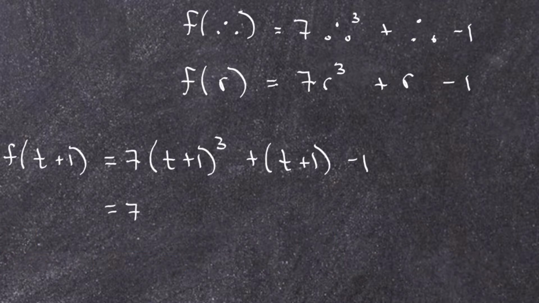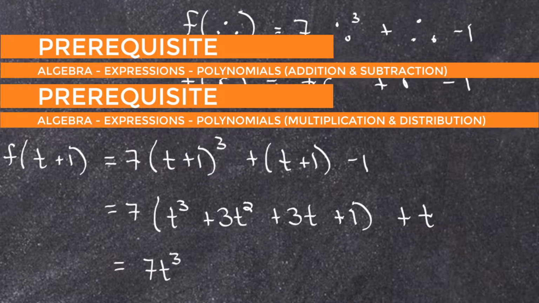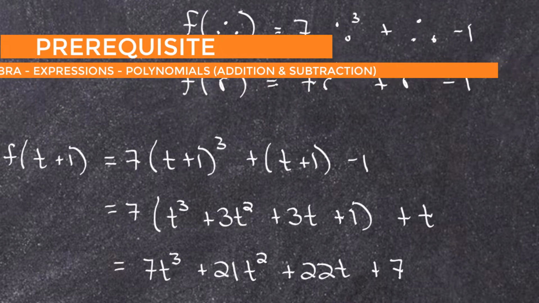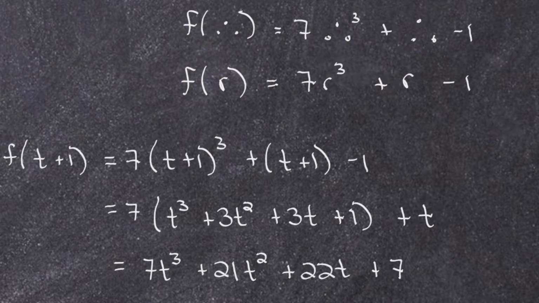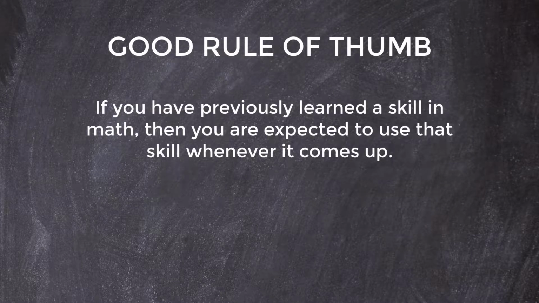Of course, it's completely expected that you simplify this statement using your prerequisite polynomial multiplication skills. Doing so results in the following. Remember, a good rule of thumb in math is that if you have previously learned a skill in your math courses that can be used to simplify a statement, then you're expected to use that skill.